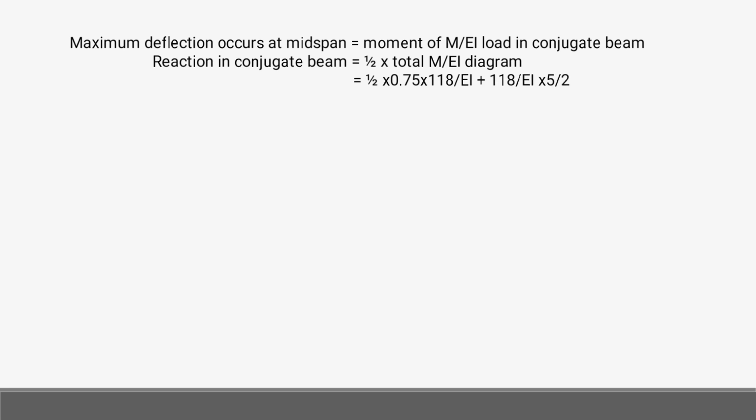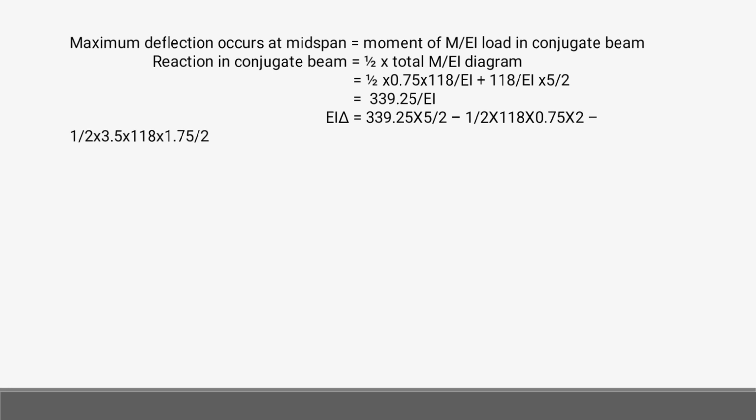So 1 by 2 into 0.75, EI 118 into 5 by 2. Apply all the values and you get the reaction, 339.25 divided by EI. Then EI delta, apply the values, and you get EI delta is equal to 578.94.